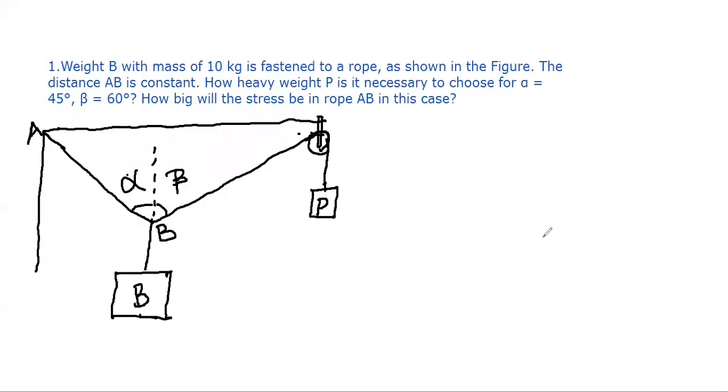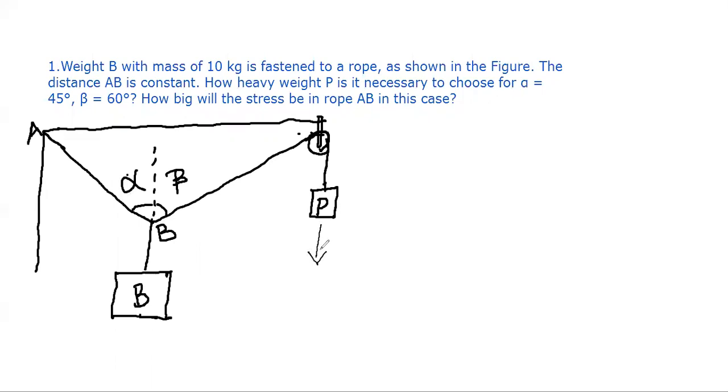Let us do the free body diagram of this problem. Now we need to represent it in vectorial form. So let us represent the forces acting on each block, and let us represent all the forces acting in this rope as well. First, let us consider the weight P. On P we know that there will be a force acting downwards, right?